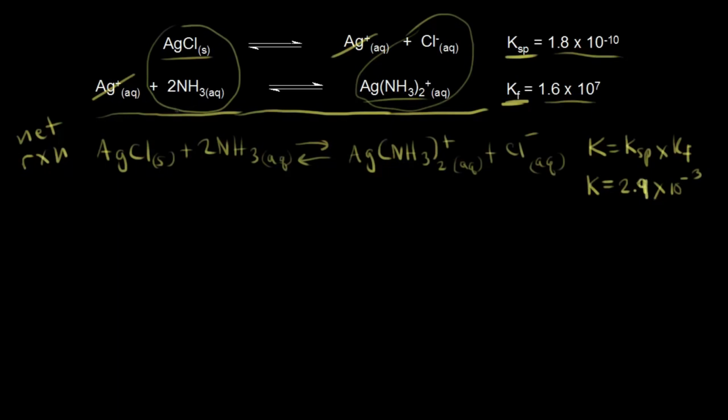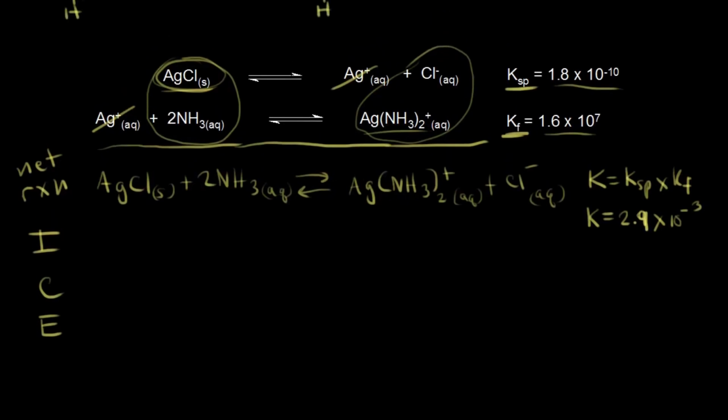Our goal is to find the molar solubility of silver chloride in our ammonia. So we set up our ICE table: our initial concentrations, our change, and then our equilibrium concentrations. Let's pretend we're starting out with our solution of ammonia and we haven't added any silver chloride yet.